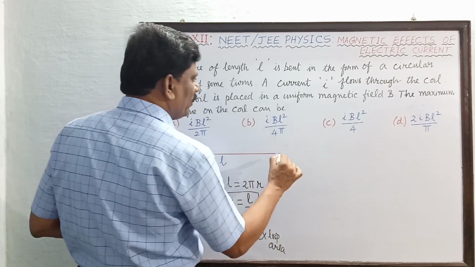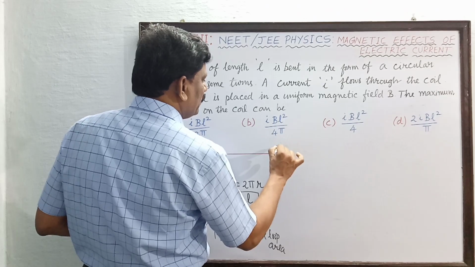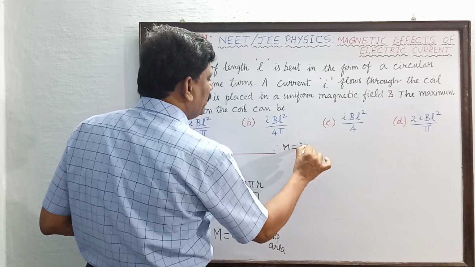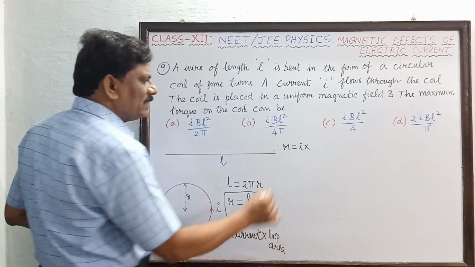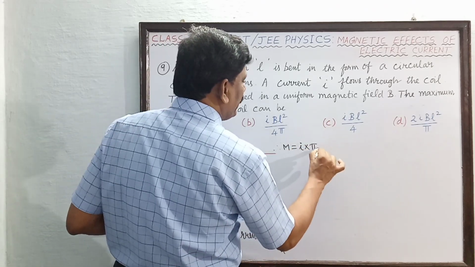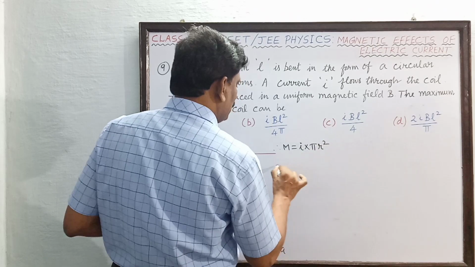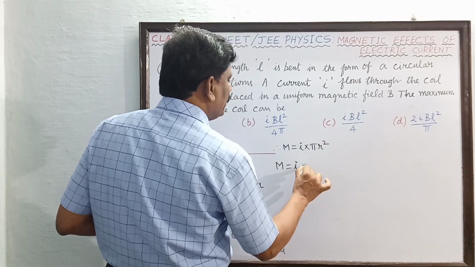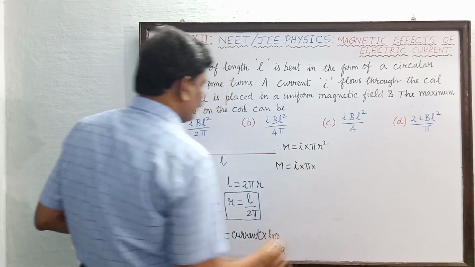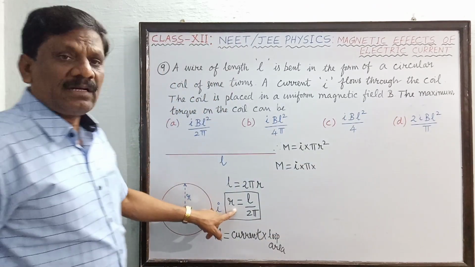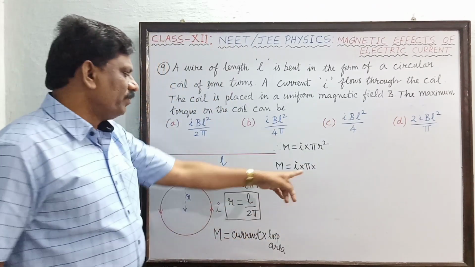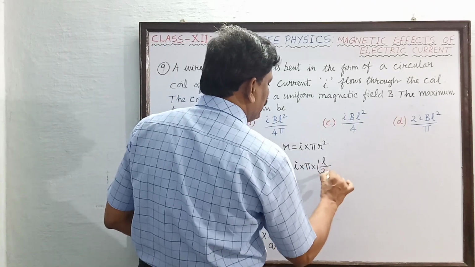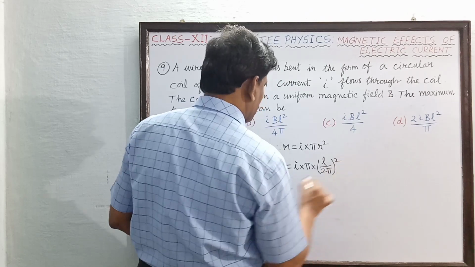Therefore, M is now equal to the current I into loop area, which is pi r square. So M is equal to current into pi into r square, where r is L by 2 pi. So r square is L by 2 pi the whole square.